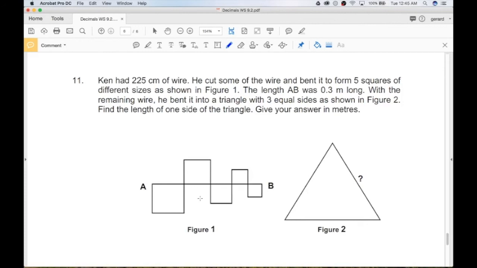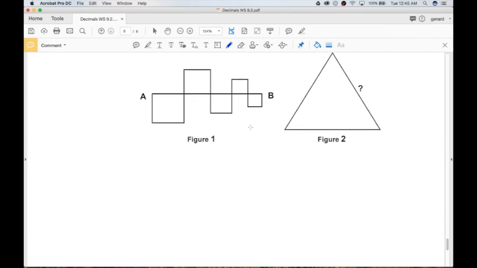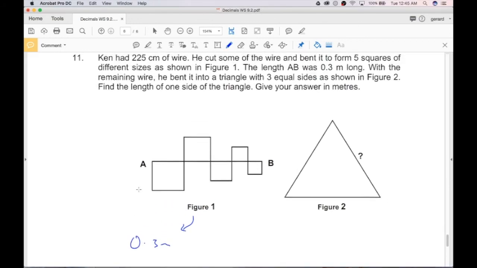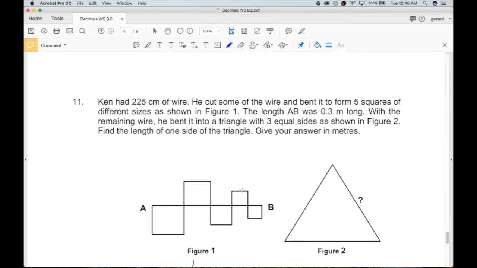So if they tell you that the length AB was 0.3 meters long, we can safely assume that in figure 1 itself, the wire used will be the length AB times 4. Because if this is one side, you need 4 sides, you times 4, you get straight away 1.2 meters. Now this is some kind of cheat code so you need a bit of understanding to get it.